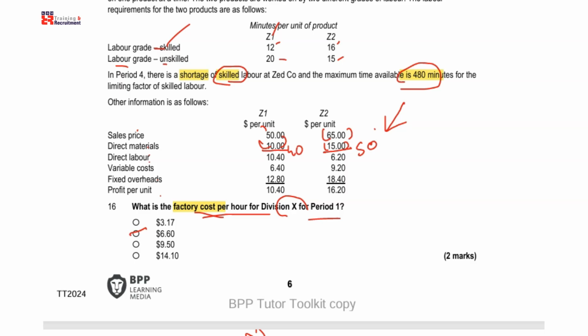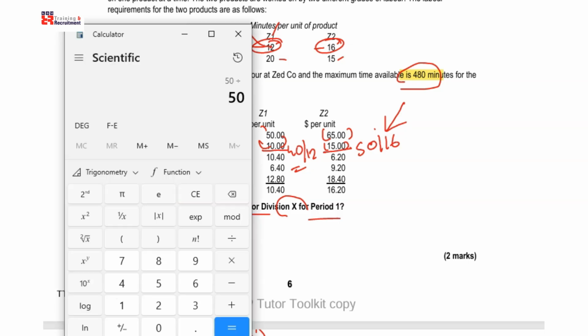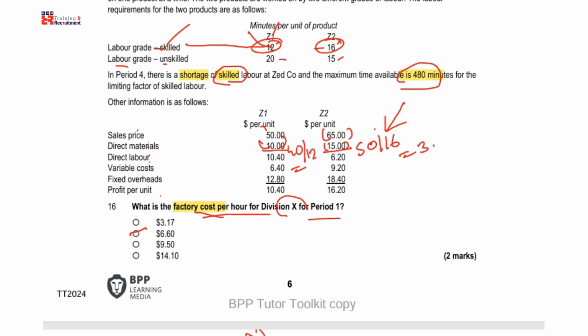How much skilled time is needed? 12 minutes for Z1, 16 minutes for Z2. So can you feel it? Z2 is taking more of your skilled hours. So probably Z1 is going to give you a higher contribution per limiting factor. How do you do that? 40 divided by 12 and 50 divided by 16. So 50 divided by 16 is 3.125 contribution per unit of limiting factor.